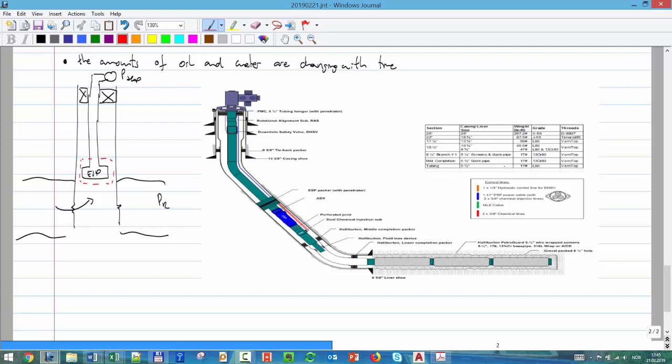That's not a point, but actually an area. The ESP might have a few hundred meters of length, because you have many stages, you have the motor. But actually we're going to make it here. We're going to say that PWF, so the P suction of the pump, that's how we call it, the P inlet to the pump, is very close to PWF.